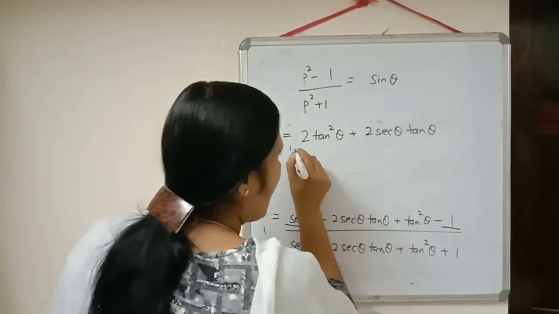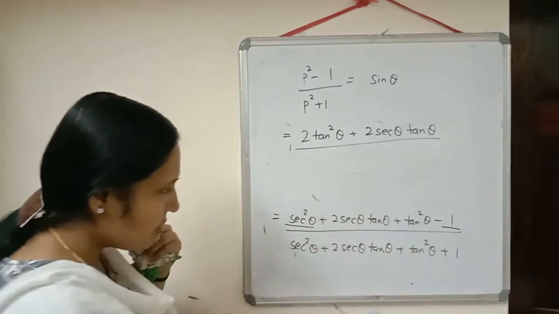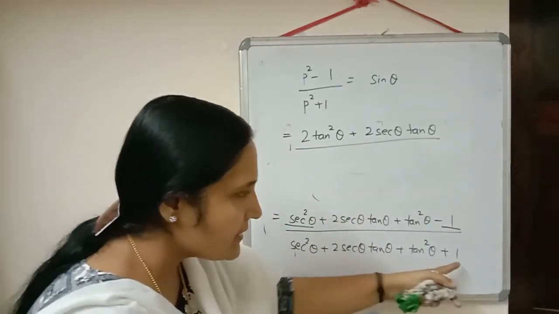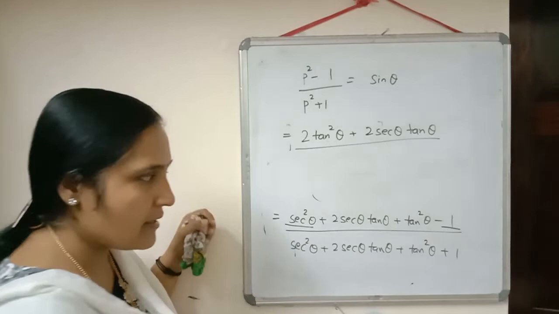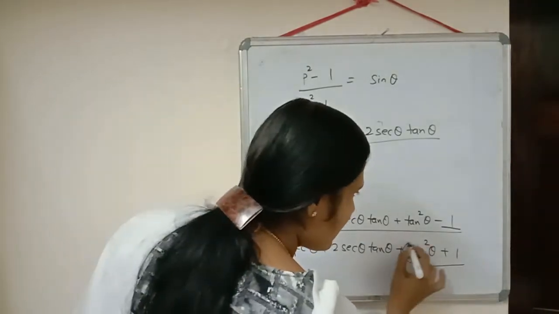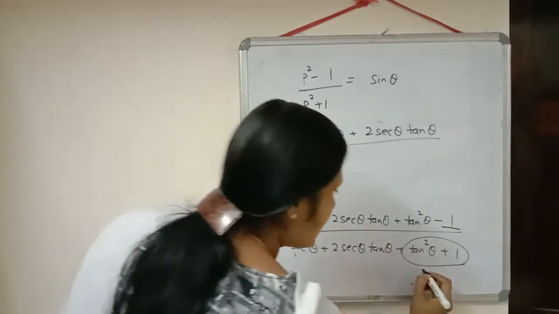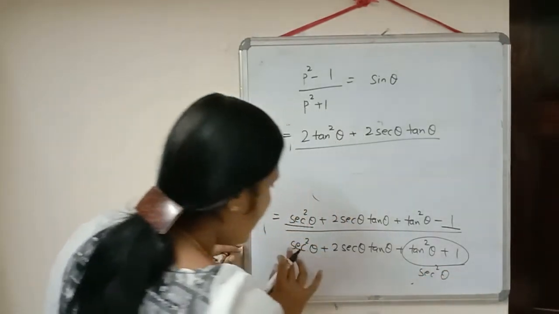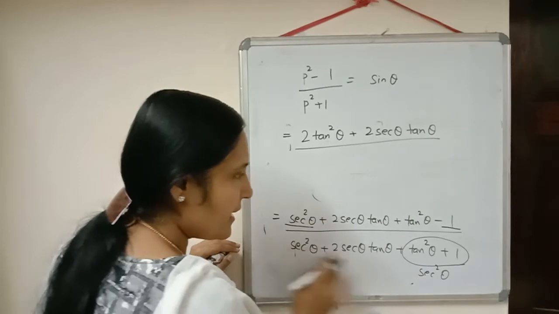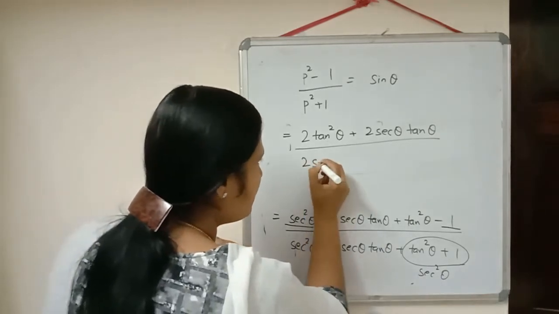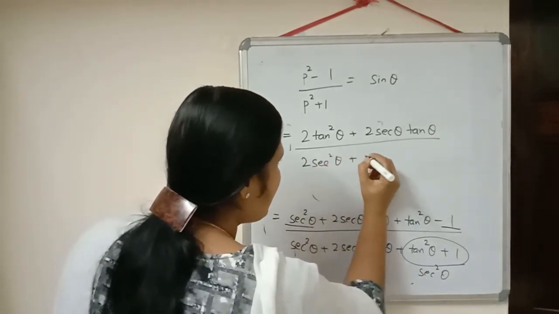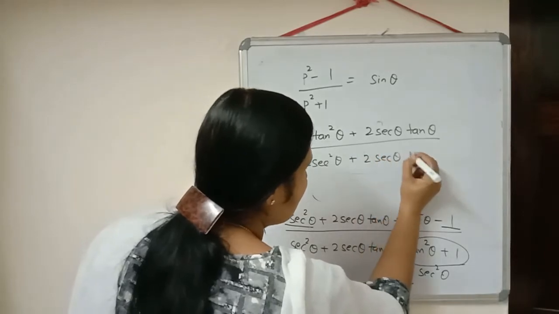So that we wrote as it is there. Now here also we will check. Here sec square theta minus 1 we cannot use there. What is 1 plus tan square theta? Yes, 1 plus tan square theta is sec square theta. So one more sec square theta is already there. So it will be equal to 2 sec square theta plus 2 sec theta into tan theta.